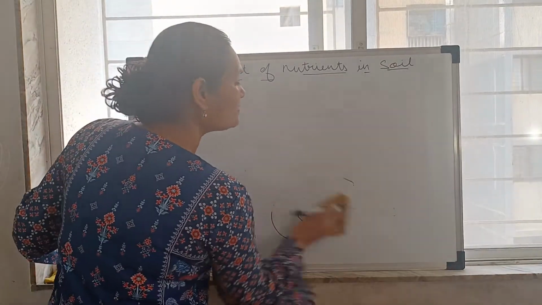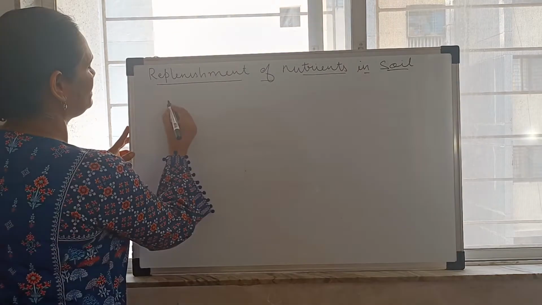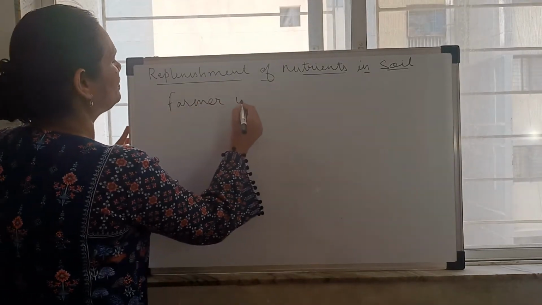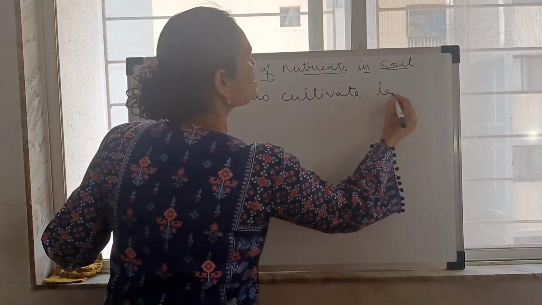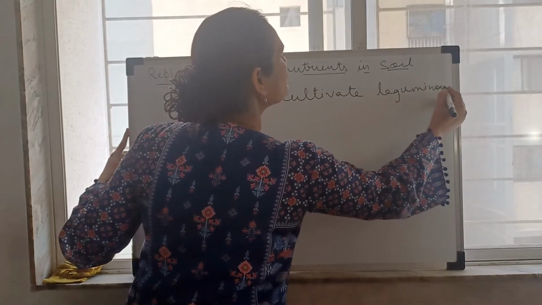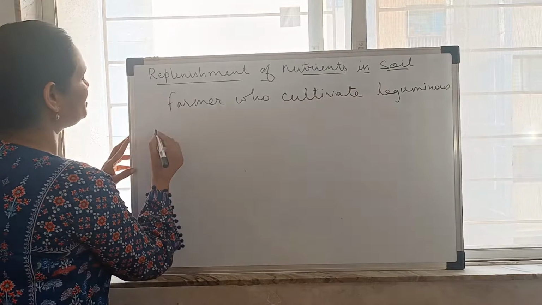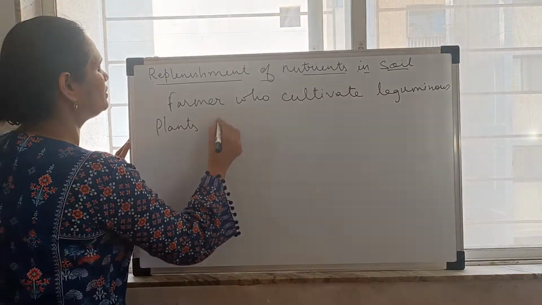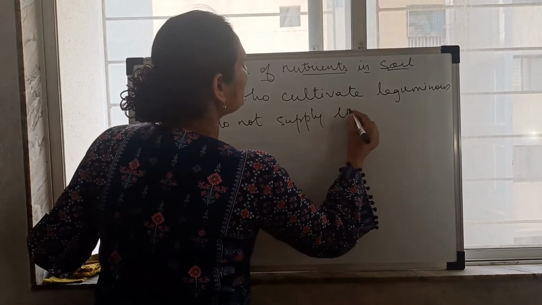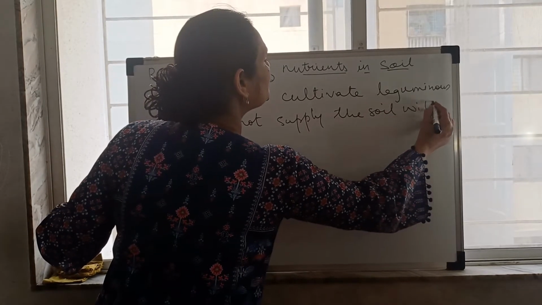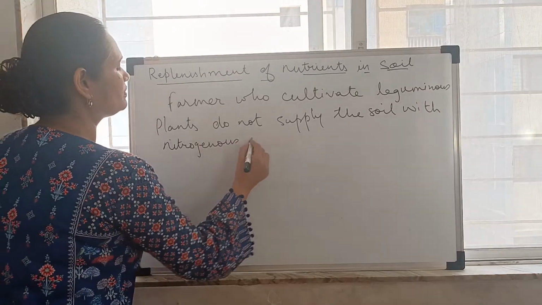Why do the farmers who cultivate leguminous plants, plants which give us legumes or pulses, not supply the soil with nitrogen fertilizer or nitrogenous fertilizer?